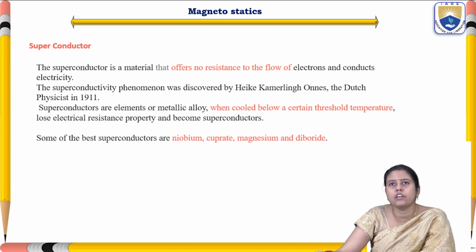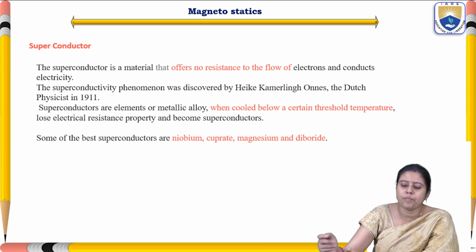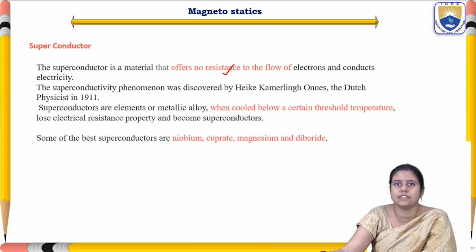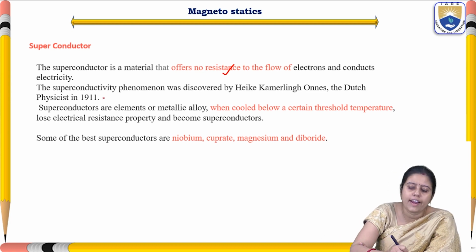Next question is what is the meaning of the superconductor? A superconductor is a material that offers no resistance to the flow of electrons and conducts electricity. The superconductivity phenomenon was first discovered by Onnes, the Dutch physicist, in the year 1911.